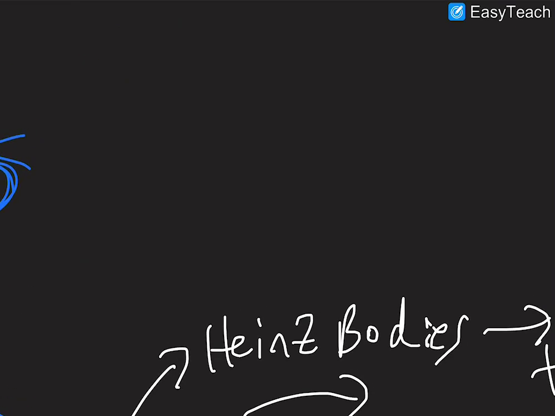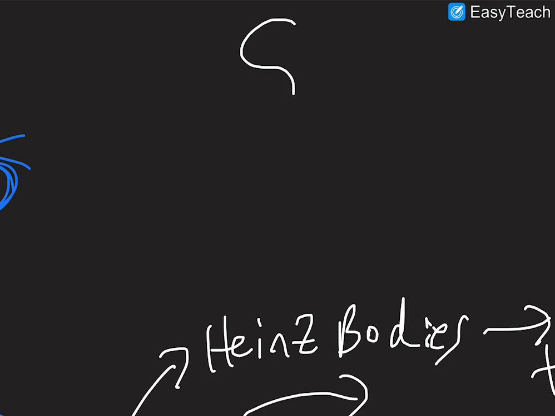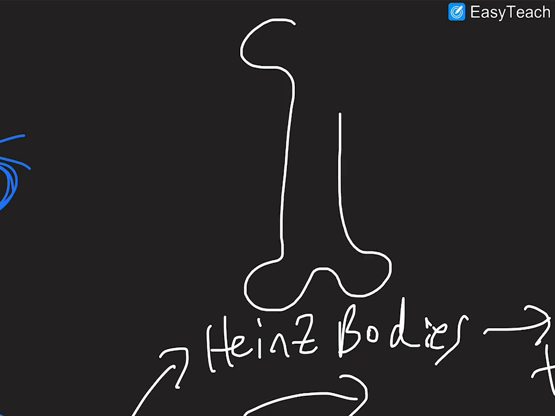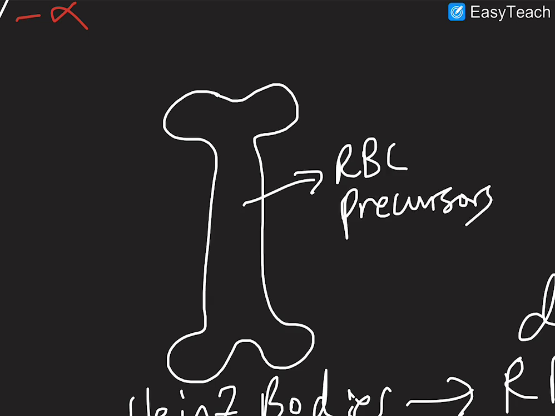If we draw a quick diagram to represent bone here, in your red bone marrow, we have RBC precursors. Now, remember, we don't have any alpha chains. So if you have abnormal hemoglobin, this leads to the destruction of these red blood cell precursors inside your red bone marrow. So that's why you have ineffective erythropoiesis.